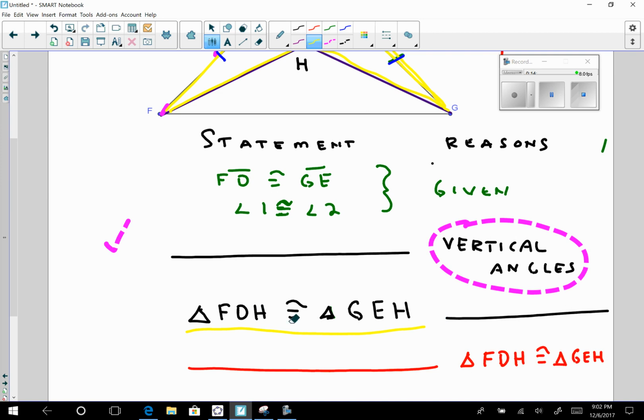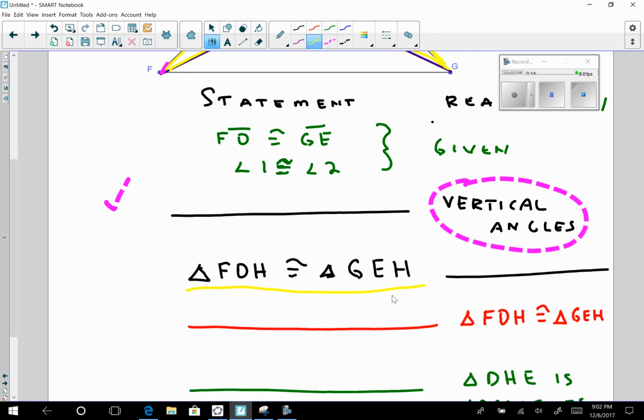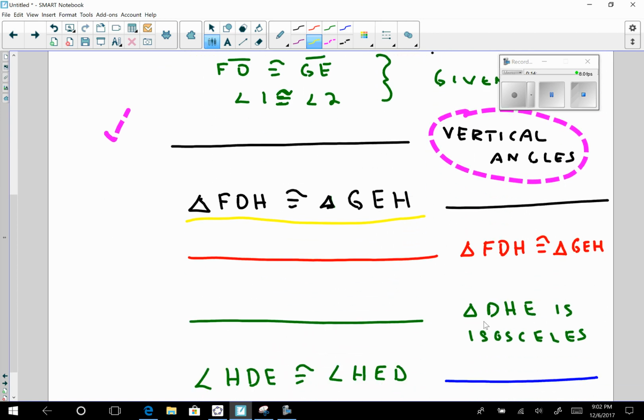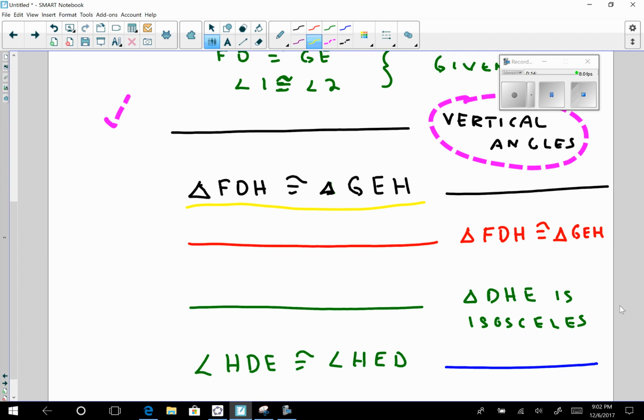I'm going to pull a congruent statement out from this statement about congruent triangles. And then I'm going to say, oh, triangle DHE is isosceles. And that's going to tell me that HDE is congruent to HED as desired.